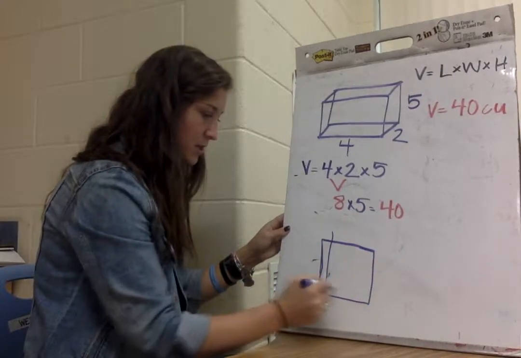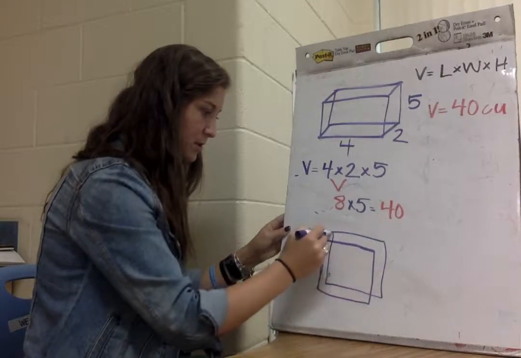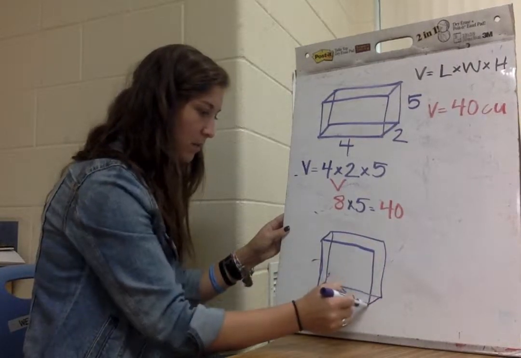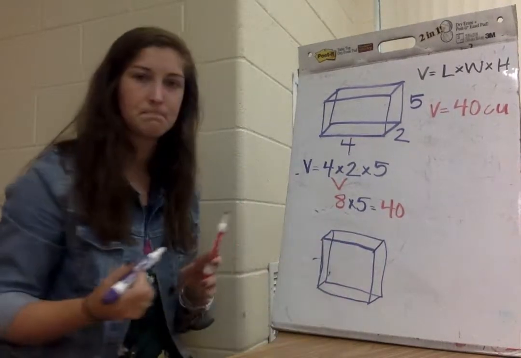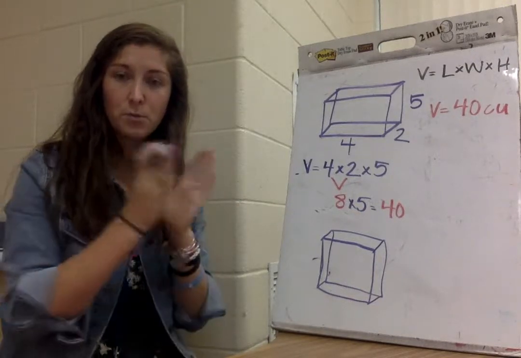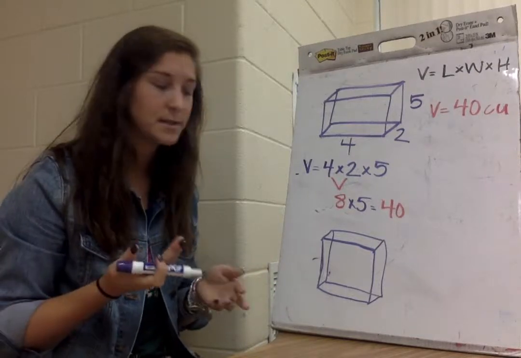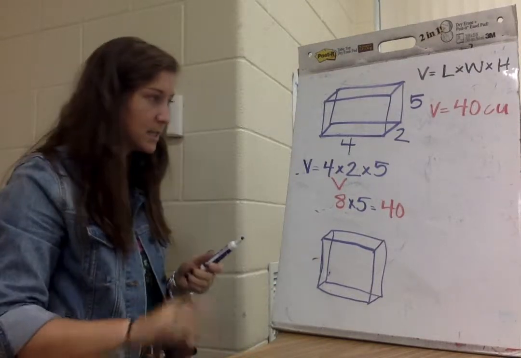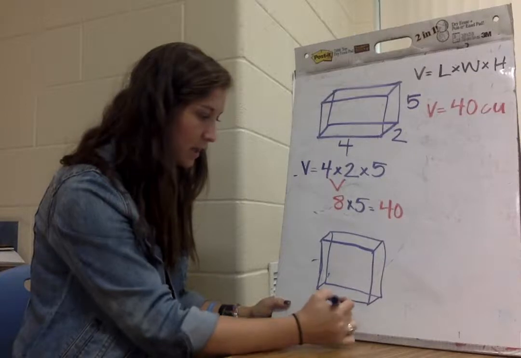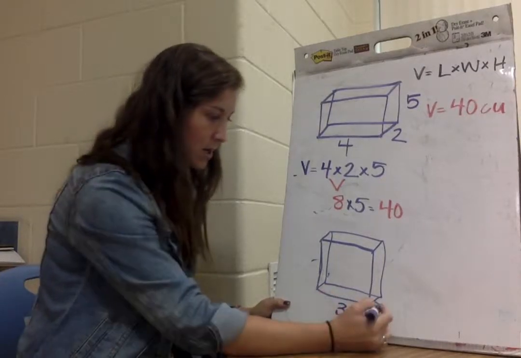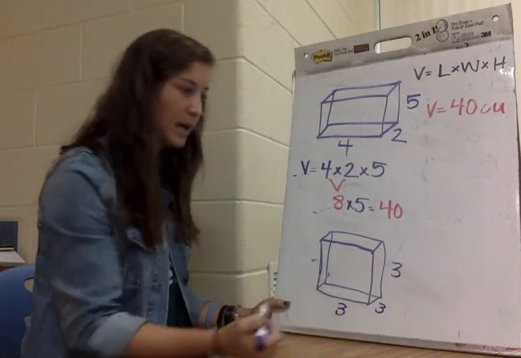There's something special about cubes that are similar to squares. Can anybody think about what that is? So a cube is just a square pulled out, and we know that squares have all 4 equal sides. So on this one, because it is a cube, the length is going to be 3, the width is 3, and the height is 3.